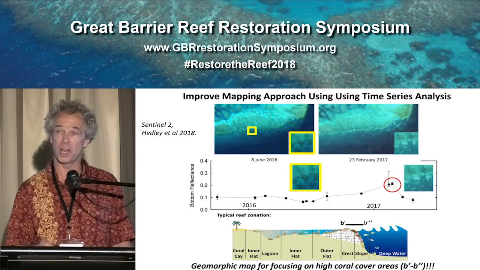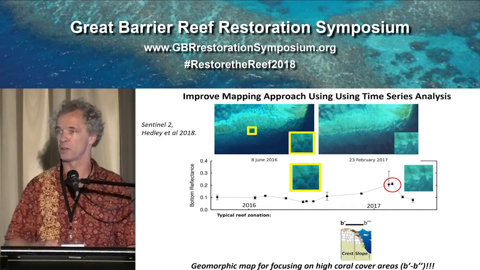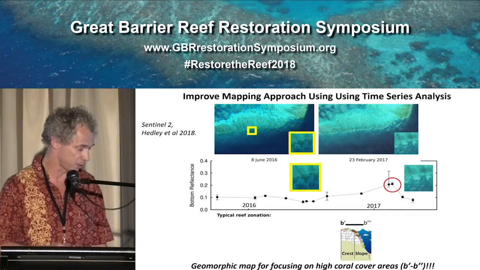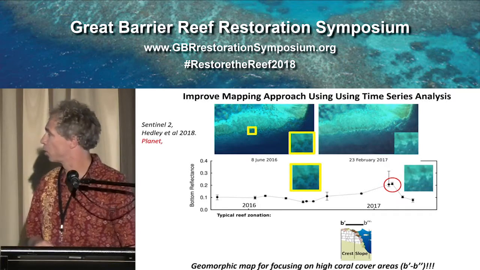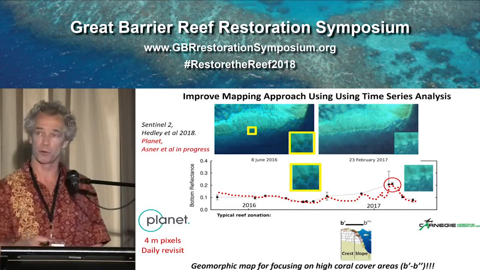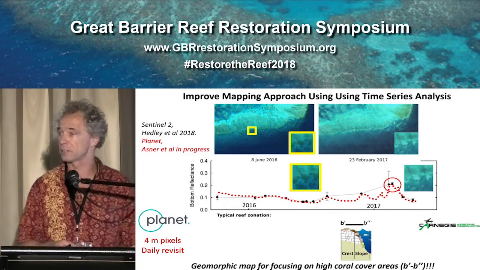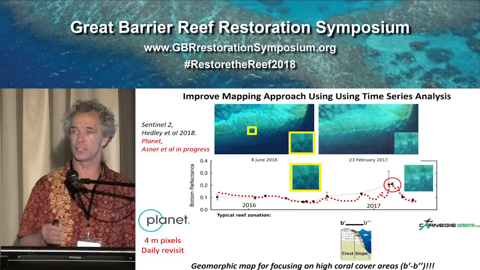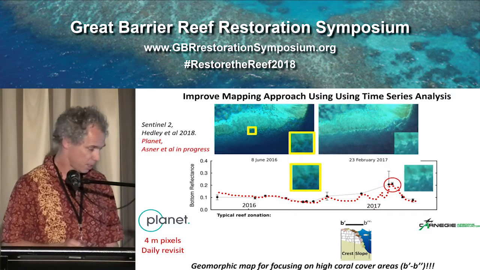If you zoom in on the area where most of the coral is, then you get a better story of where a reef is impacted. But what you do not see so well is that currently there are Planet satellites, 200 satellites going around the Earth's surface, capturing imagery of the reef on a daily basis. Using that kind of data, we can get that information even better.